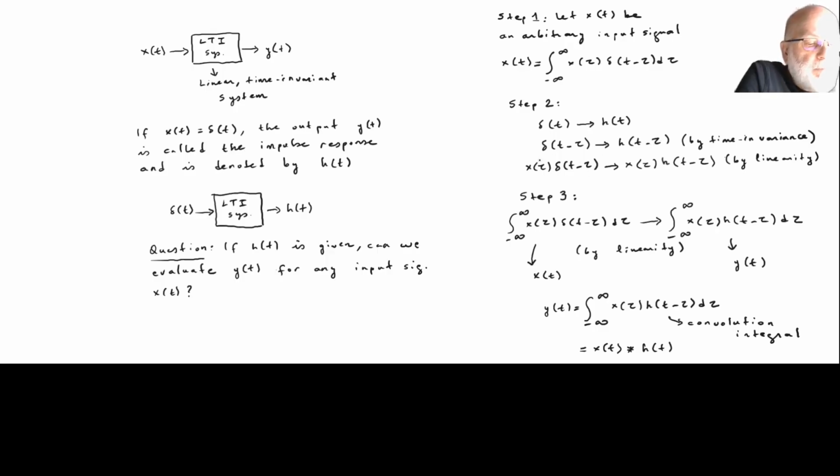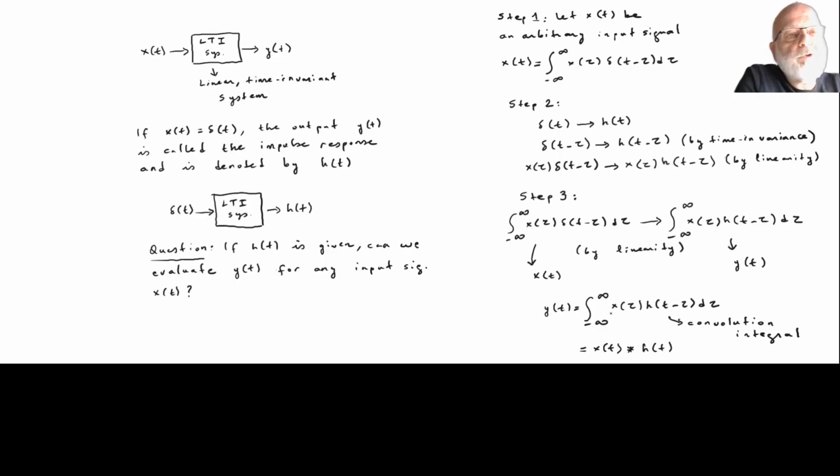The shifted impulse multiplied by a constant for fixed tau before integration, but variable t, will give us the same constant multiplying h of t minus tau by linearity. And finally, if we add up over tau by integration, we are going to obtain the output corresponding to any arbitrary input signal. The operation yielding the output is called the convolution integral and shown by the symbol x of t star h of t.